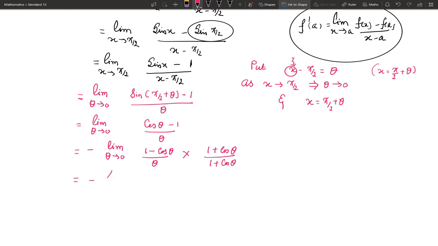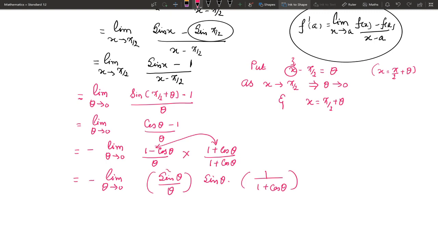So this is minus limit theta tends to 0, numerator 1 minus cos square theta, so it is sin square theta, so this is sin theta by theta into sin theta into 1 upon 1 plus cos theta. This is 1 minus cos square, that is sin square, so sin theta into sin theta.